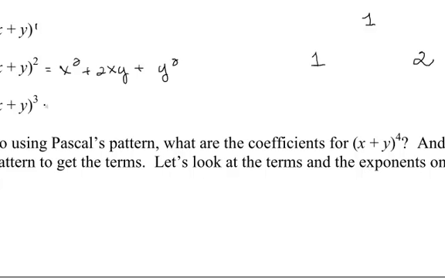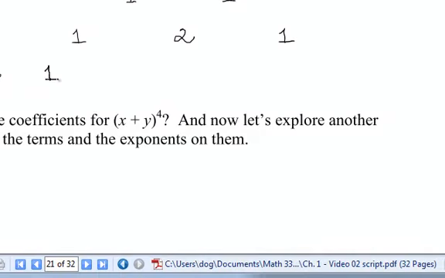X plus y cubed, if you multiply x squared plus 2xy plus y squared times x plus y, you get x cubed plus 3x squared y plus 3xy squared plus y cubed. 1, 3, 3, 1.